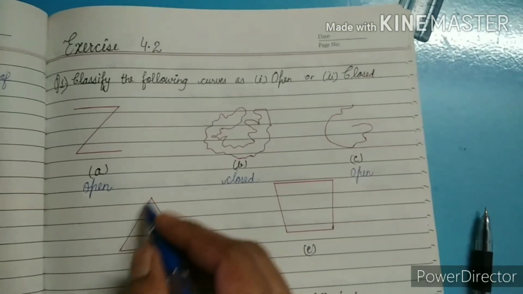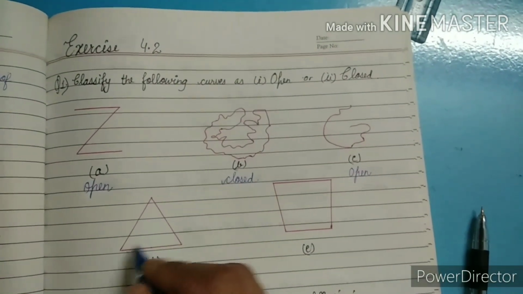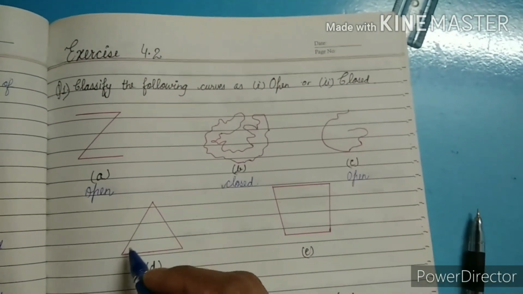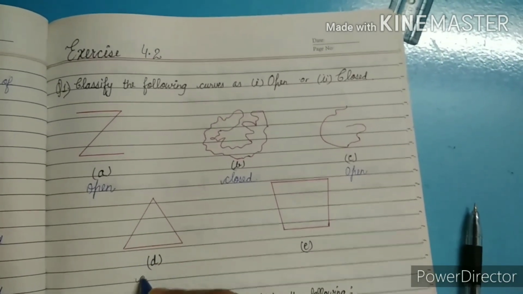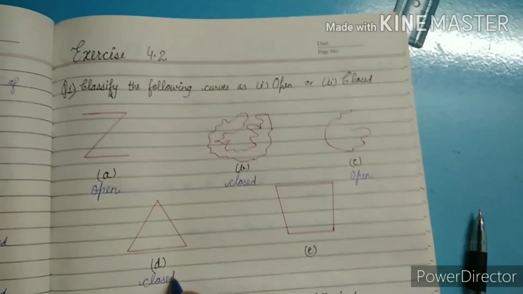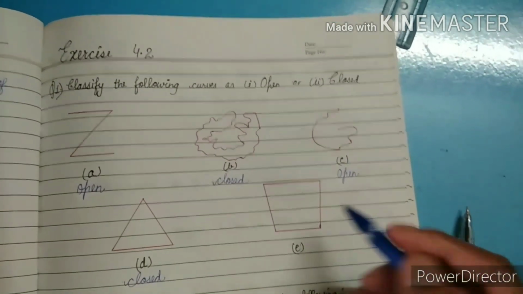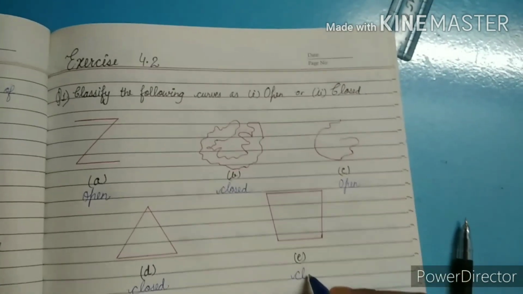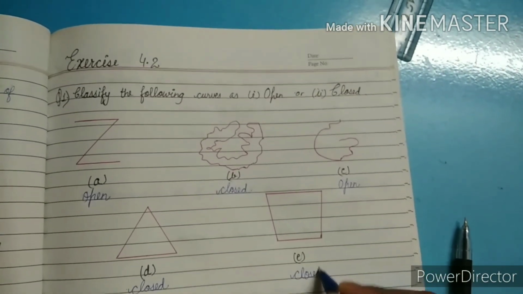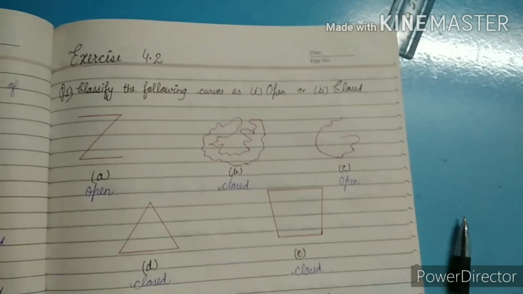D is completely closed because its starting and ending points are closing, so it is also a closed curve. E is also closed, as you can see we don't have any way to enter inside the figure, so this figure is called a closed curve.